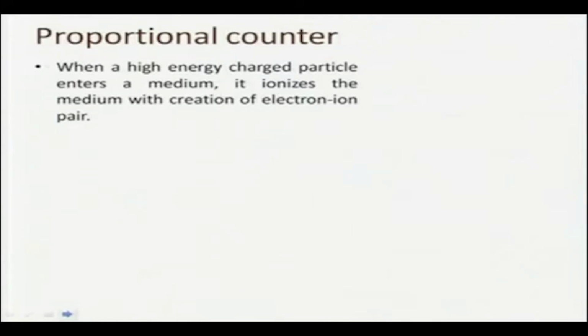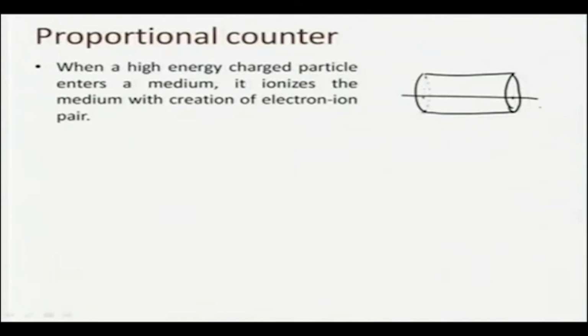One is called the proportional counter. This is a simple idea. You have a cylindrical tube that acts as a cathode, with a negative electric potential compared to an anode passing along the axis.